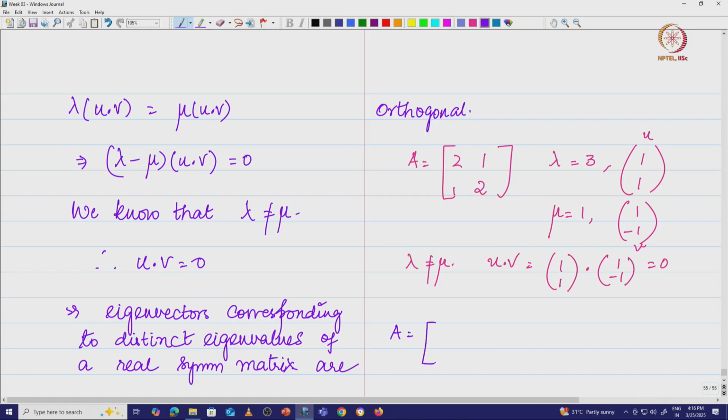In fact, one more interesting place where we can see this: suppose I take this matrix A which is 1 0 0 0. This is a matrix which projects every vector in R2 onto the direction 1 0, the x1 axis. In this case lambda is equal to 1 and mu is equal to 0.